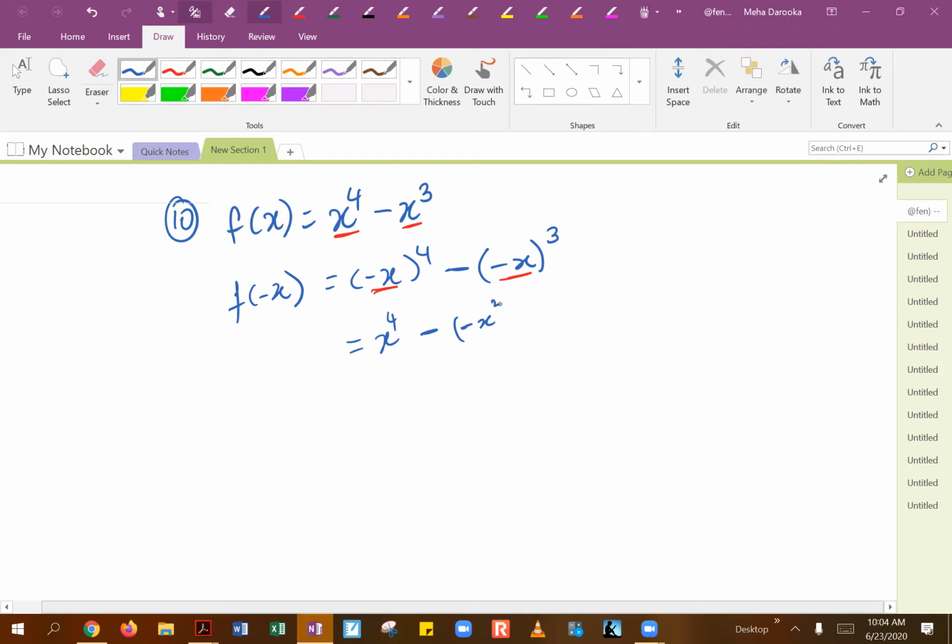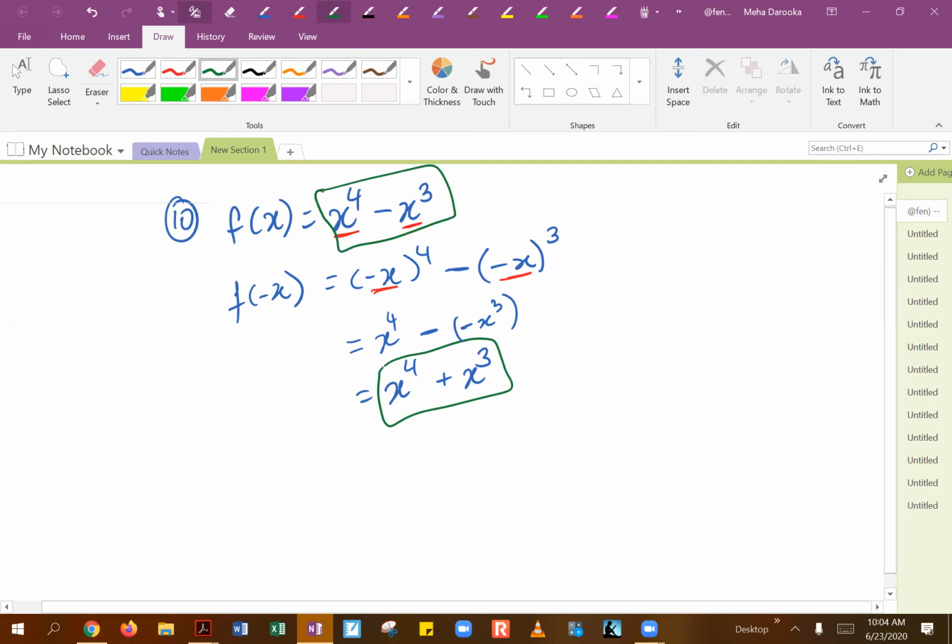So you will actually end up getting a negative sign left behind from that negative x to the third power. The two negatives will end up becoming positive, and this becomes x to the fourth plus x to the third power. So what's happening over here is this does not match the original.